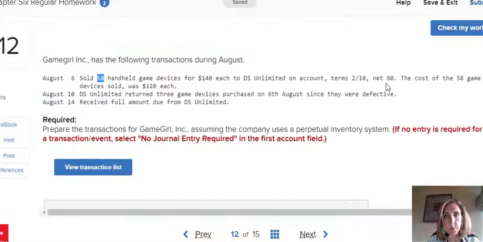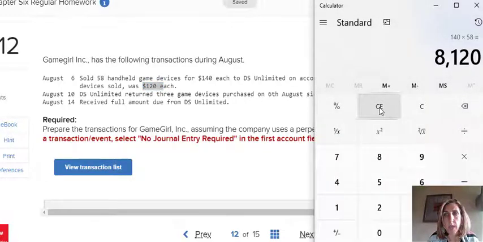So again, I'll have to refer to the number of games I sold, but I want to multiply it by what it cost for me to purchase that product. In this chapter, we are a middleman, so we are going to take the number of units that we sold and multiply it by our cost. It should be a smaller value. You want to sell it for more than what you paid for it.